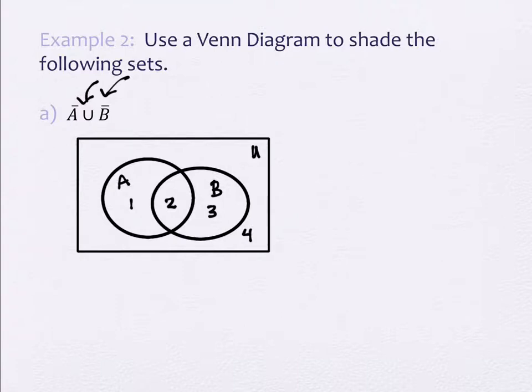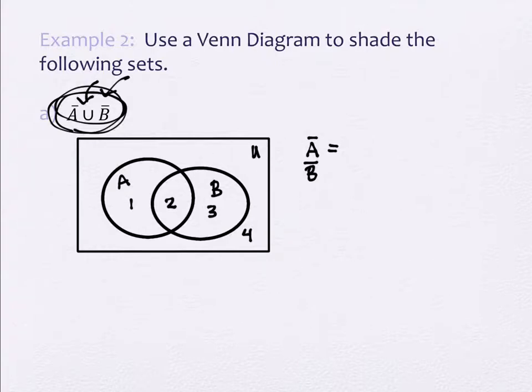Now, what we want to do is find A complement and B complement, because those are the 2 sets over here that we're trying to find information about. Okay, so you guys told me what that notation meant, that it meant complement. What does it actually mean in terms of this picture? Which numbers are in A complement?